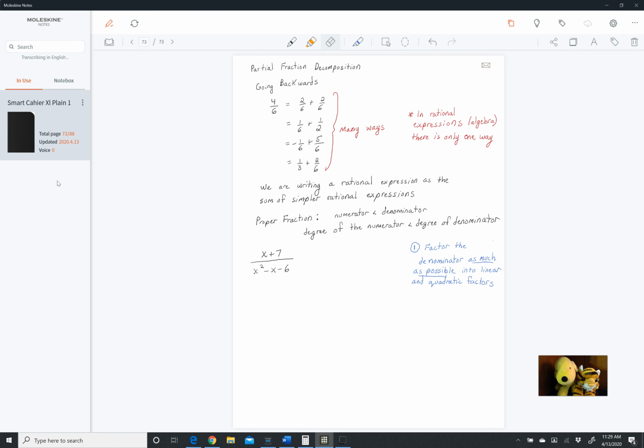And the reason why they're critical is that you can see here that this denominator is quadratic, but it's not factored as much as possible. Okay, this we can factor further. So when we say as much as possible into linear and quadratic factors, we know that there are some quadratics that are not factorable. And for those quadratics, you would leave them. But this quadratic is factorable. Okay, so let's do that.